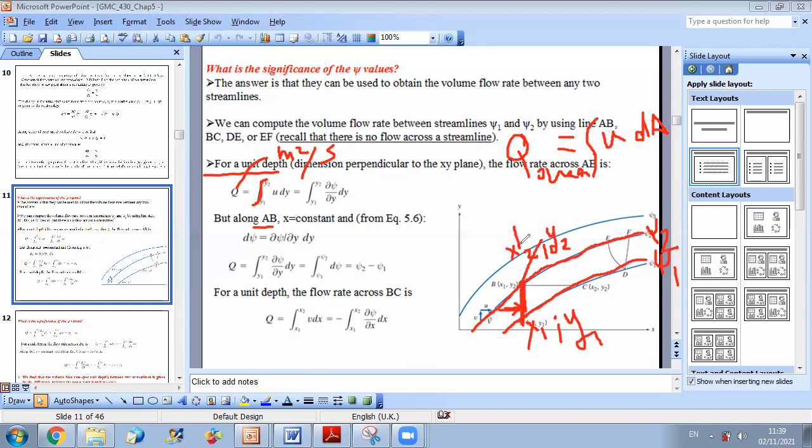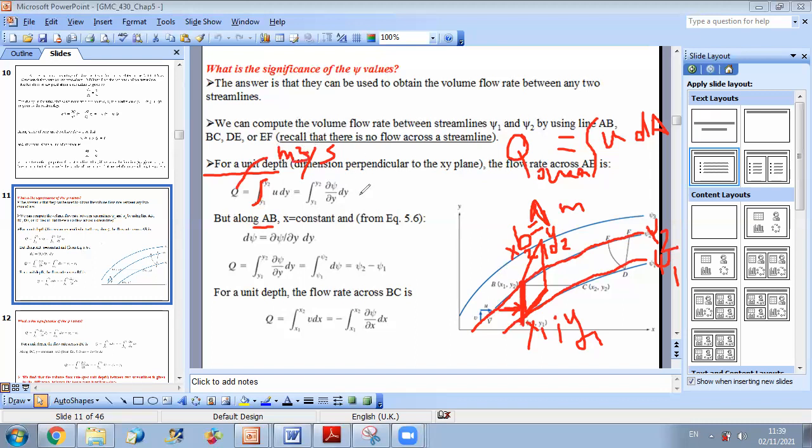If you consider a unit depth B, when we say per unit depth, you can consider that B equals 1. So for B equal to 1 meter, what will be Q in meter cube per second?